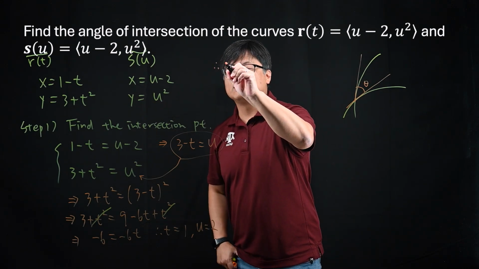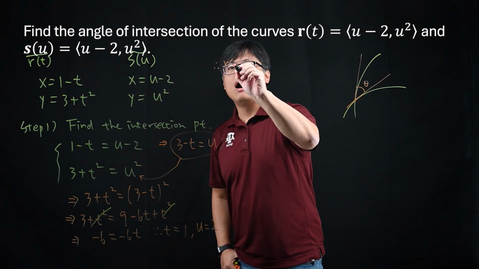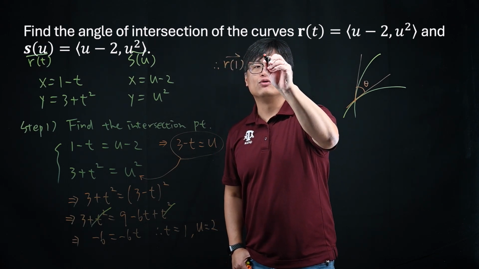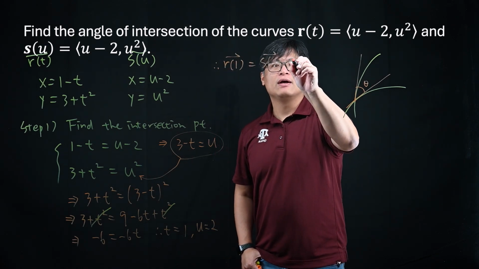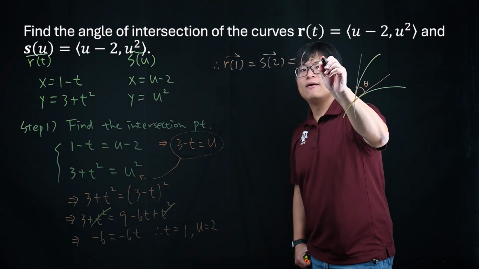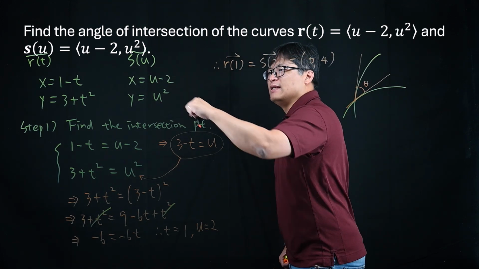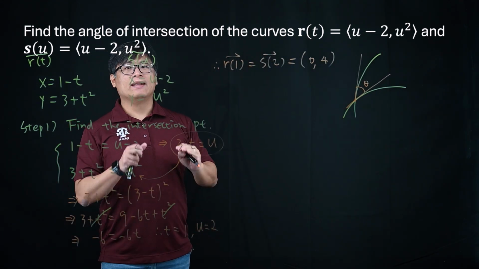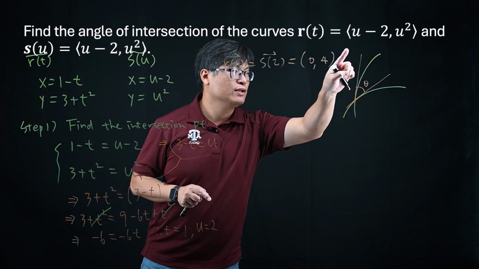Your intersection point is R(1) or S(2). As I said, they are equal to each other. When you plug this in, your intersection point is (0, 4), right? Same thing.